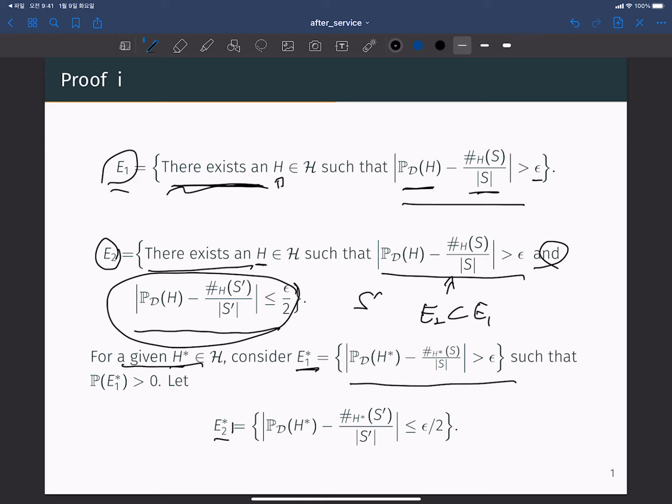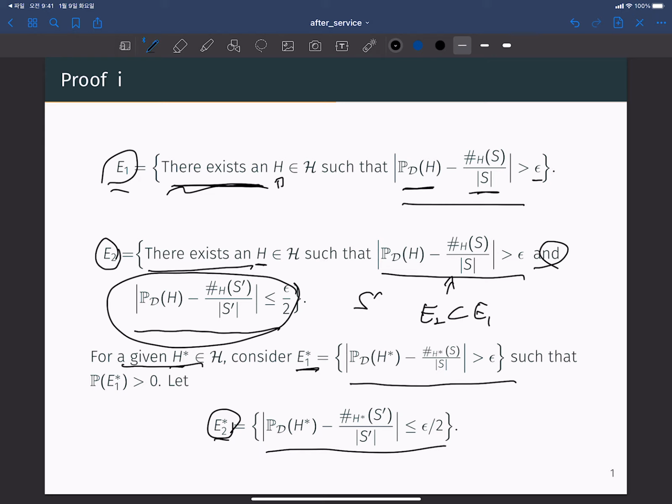And E2 star is defined for the same hypothesis H star, and the condition of E2 star is like the E2 condition: we have a difference between training and test error of at most epsilon over 2.